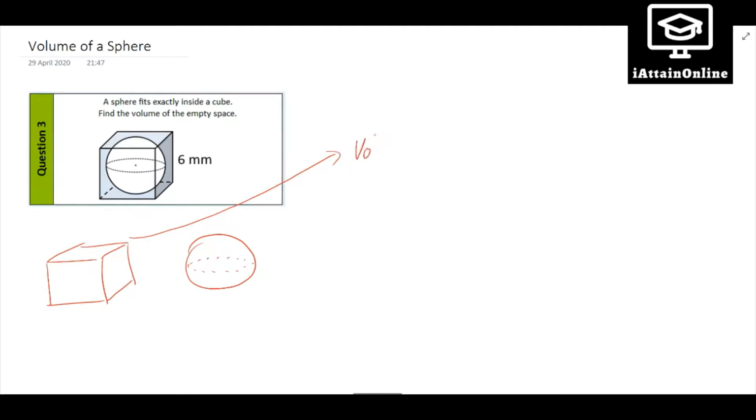The volume of the cube is going to be base times width times height. Now, because it's a cube, all of these lengths, oh, that's millimeters, are 6 millimeters. So the volume of this cube is just 6 times 6 times 6.